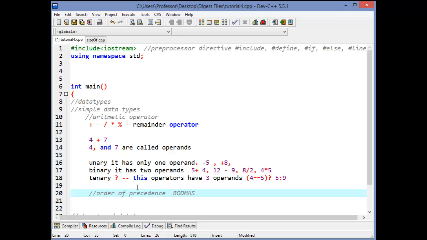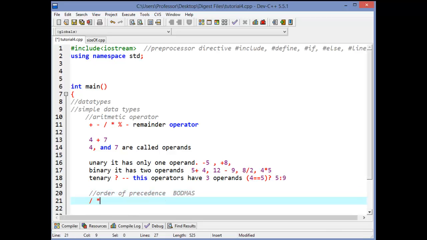Now when we talk of order of precedence, it's just a way of going about how to solve an arithmetic expression when we have mixed operators. For example, division, multiplication, and modulus are the highest. Is that okay? They are the highest arithmetic operators.